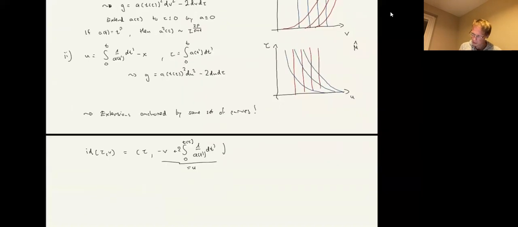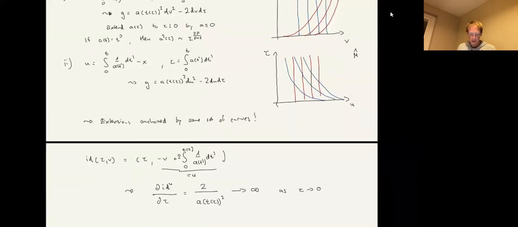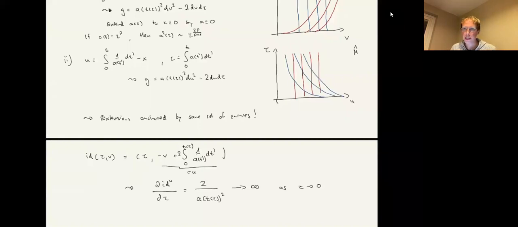And so you see that you look at the differential of the u component of the identification map with respect to tau. A straightforward computation gives that this is equal to a squared, which goes to infinity as tau goes to 0. And so this shows that the identification map, although it extends as a continuous map, and so the same curves have as an anchoring, the C1 extensions are non-equivalent.